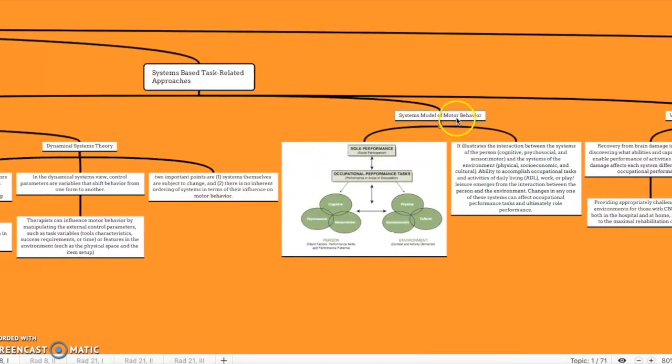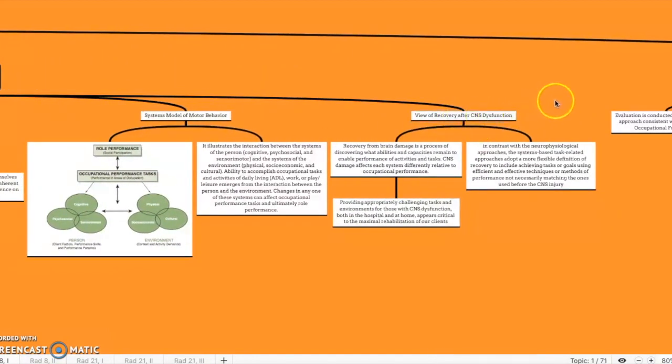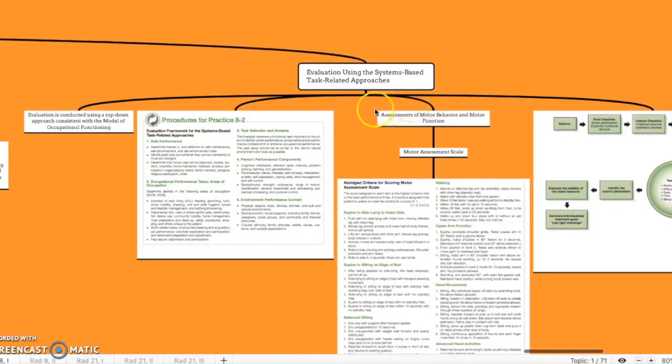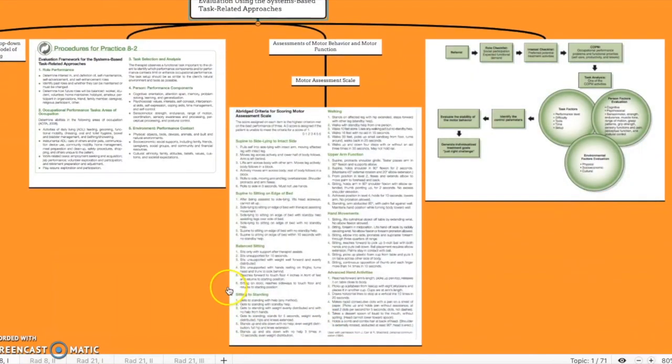And then over here, we're looking at systems model of motor behavior and view of recovery after CNS dysfunction. Finally, our last point on this part of the concept map is the evaluation using the systems-based task-related approaches. And you can see the procedures for practice here, as well as assessments of motor behavior and motor function. And we included some graphics from the textbook.